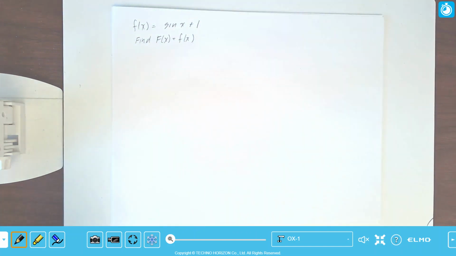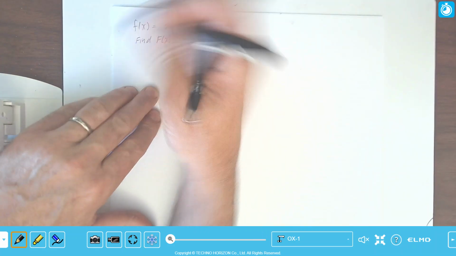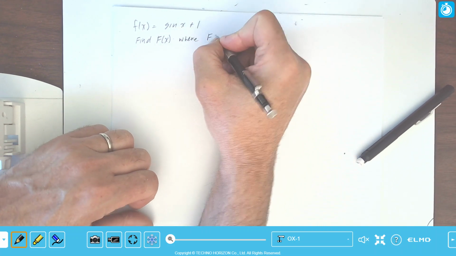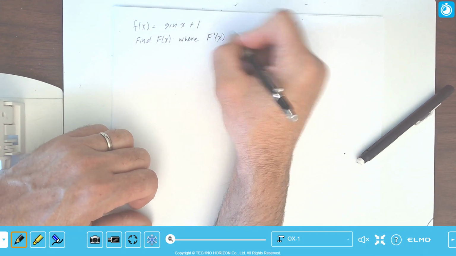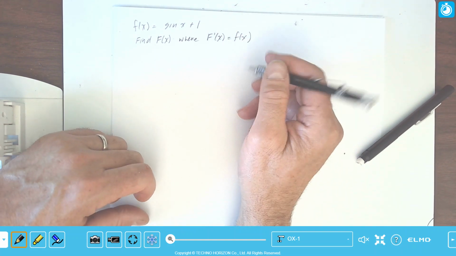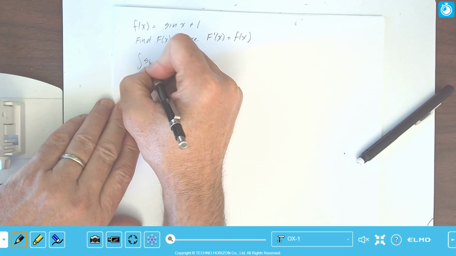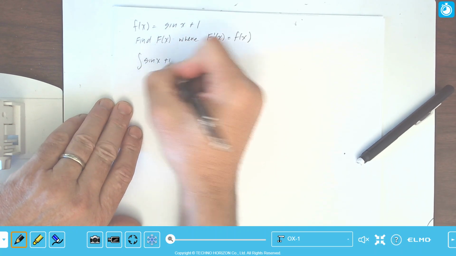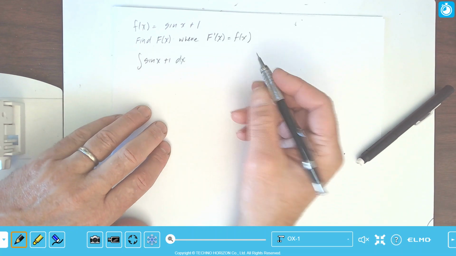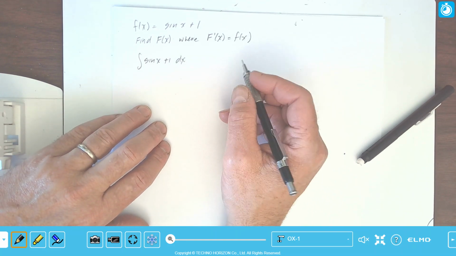Wait a minute. Find big F of x, not equal to f of x, where big F prime of x is equal to little f of x, right? So really what we're trying to find is the antiderivative of sine x plus 1, which is the same thing as taking the indefinite integral of that function and finding the antiderivative.